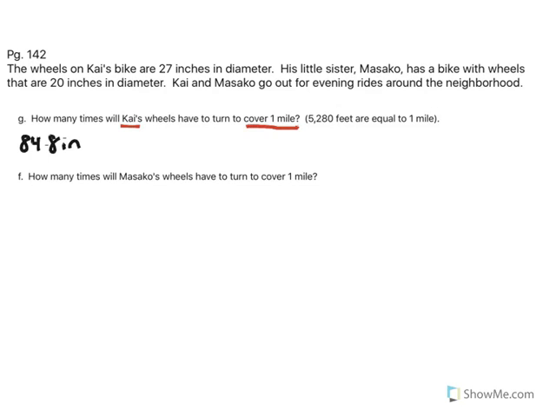So we want to know, in one turn, Kai covers 84.8 inches. So how many turns will it take for him to cover?